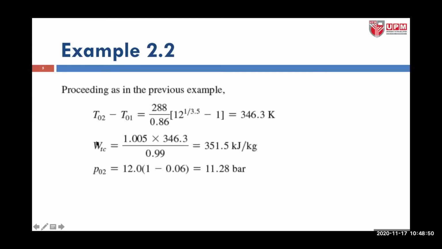And the specific work for the compressor to be 351.5 kilojoule per kilogram, and the pressure at the outlet of the compressor, 11.28 bar. So you will be able to do the same approach as the previous example.